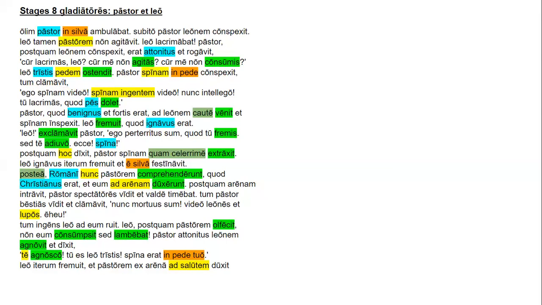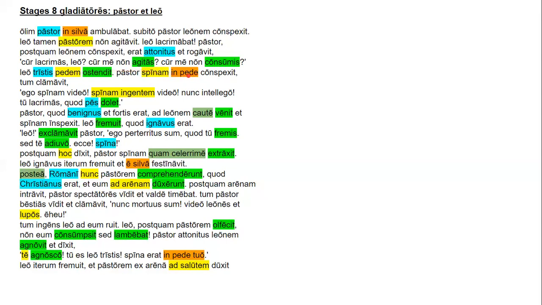We get the word spine actually from spina, because spina is like a little thorn, so a little branch, if you will. So pastor spinam in pede. Now, in pede is a prepositional phrase introduced by in, and then pede is the ablative form of pes, so foot. We see the accusative here, we see the ablative here.